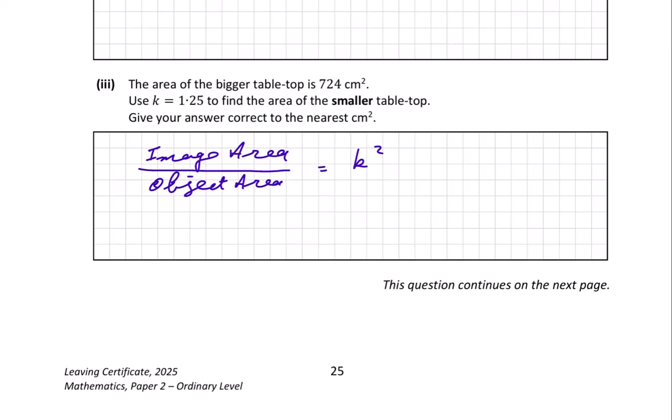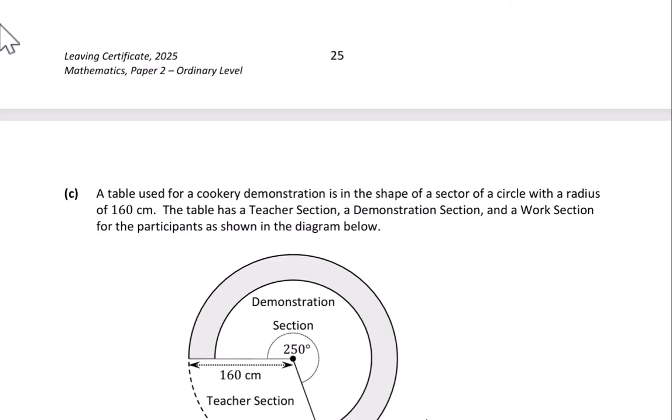So when you take the bigger tabletop as being 724, the scale factor is 1.25. You've got to divide that by 1.25 squared, by K squared, to work out the area of the smaller tabletop. So when you do that, you get 463, and this is in centimeters squared. And again, this is to the nearest centimeter squared.